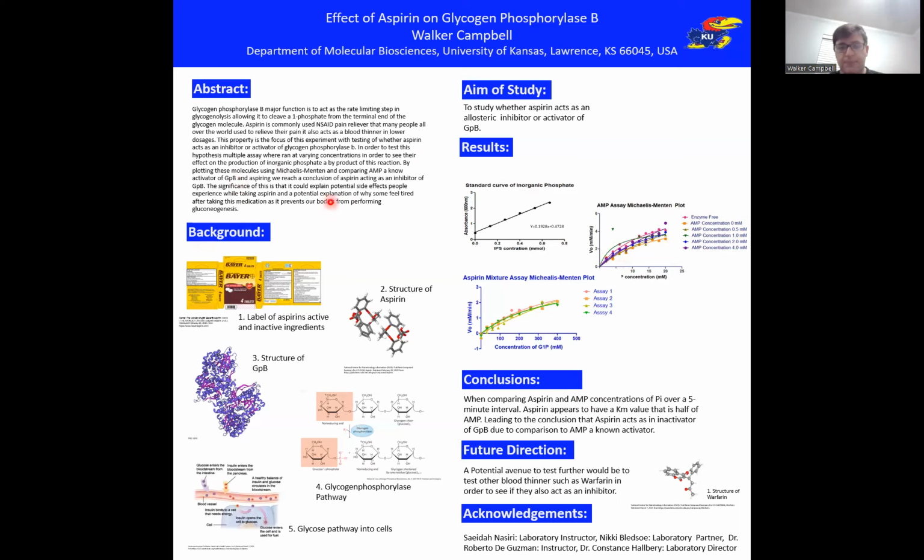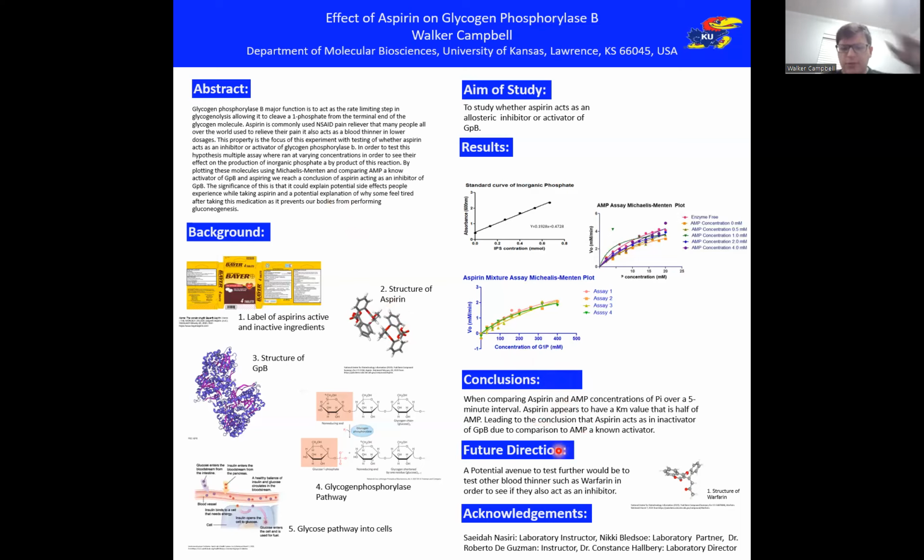That perfectly explains why a potential side effect of taking aspirin is that you feel fatigued or slightly tired, because your body is able to do this process less; the reaction doesn't run as efficiently.